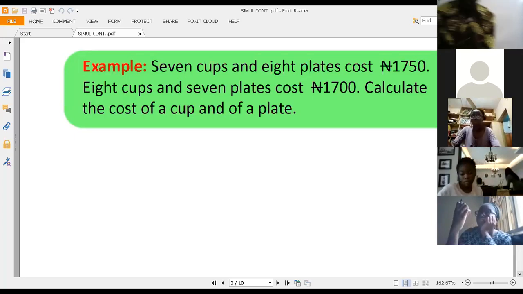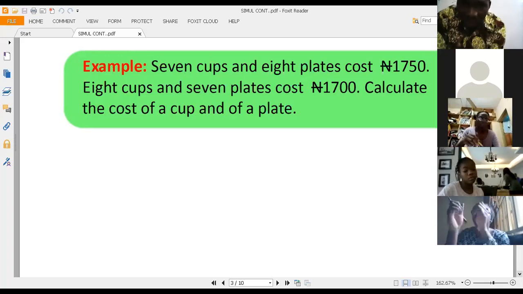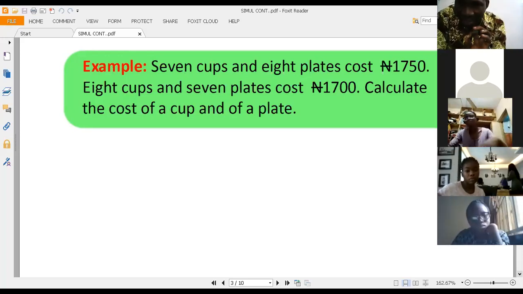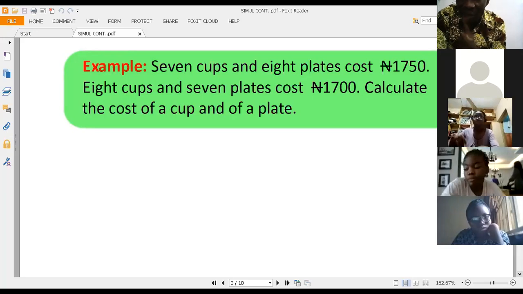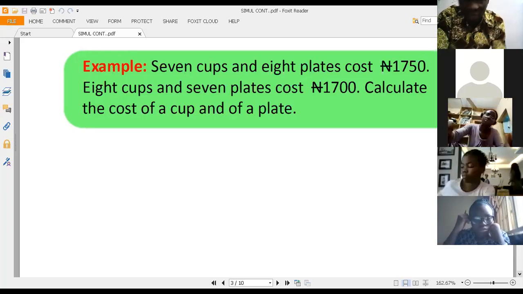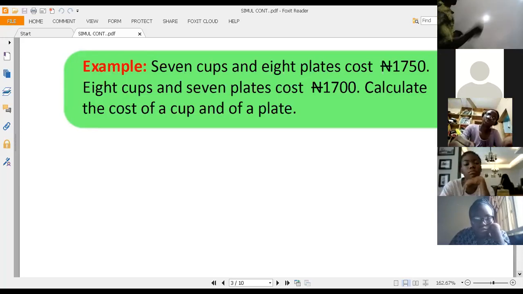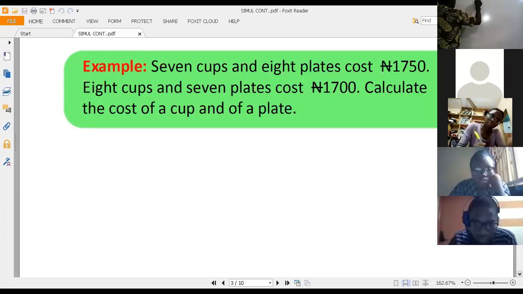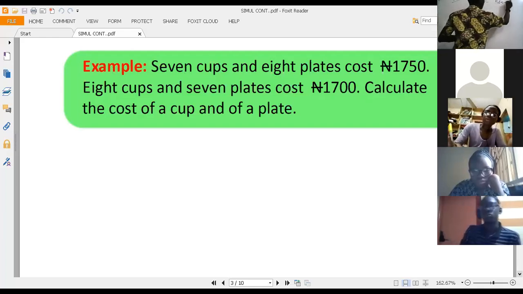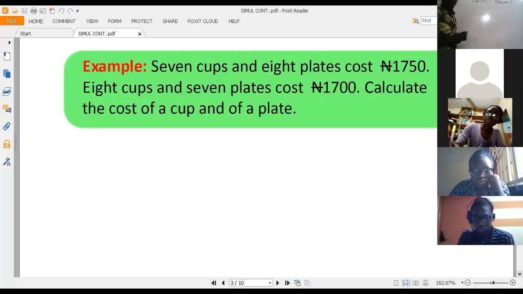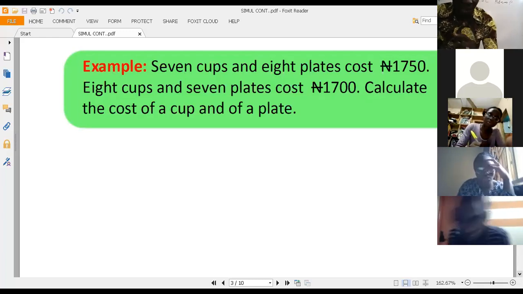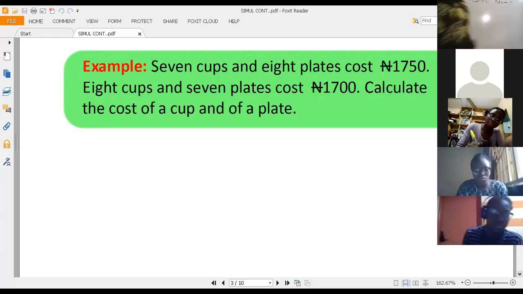Now listen up. The question says 7 cups and 8 plates cost 1,750 naira. Now let us represent cup as C, then plate as P. Now 7 cups and 8 plates cost 1,750 naira.